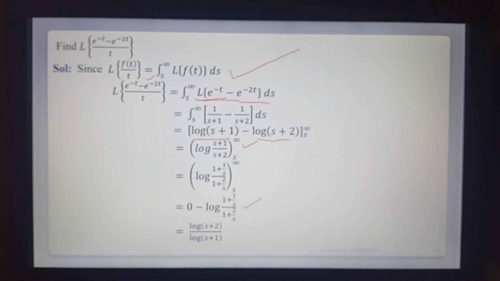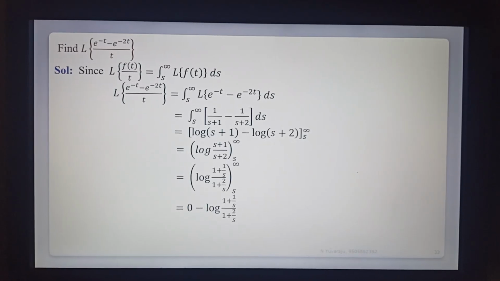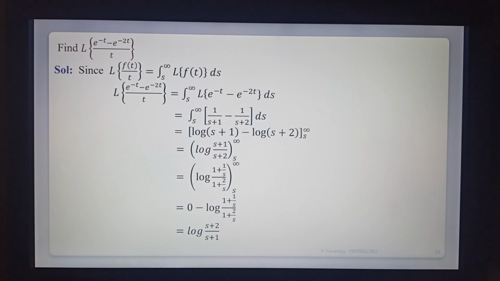Now for simplification, the minus interchanges numerator and denominator, so it is log of (s plus 2) by (s plus 1). This is the required value.